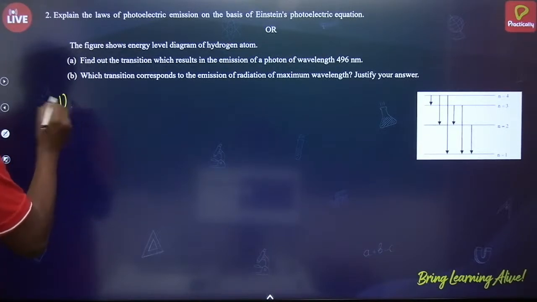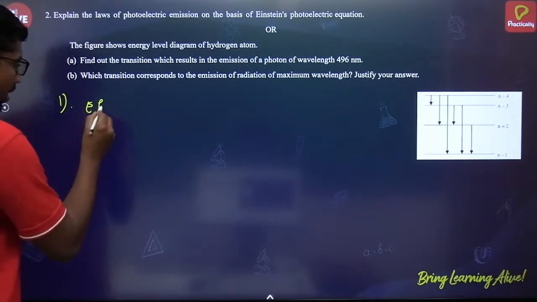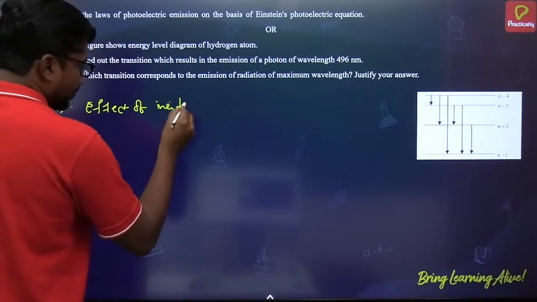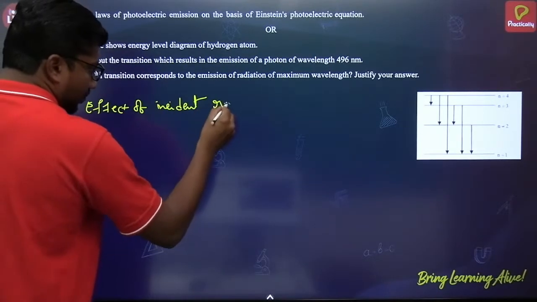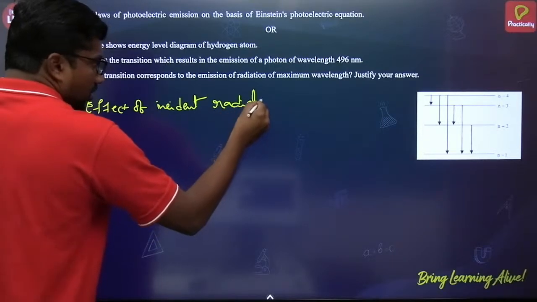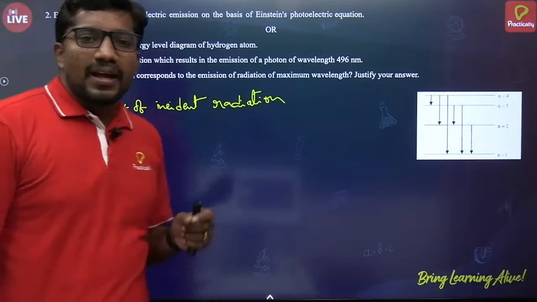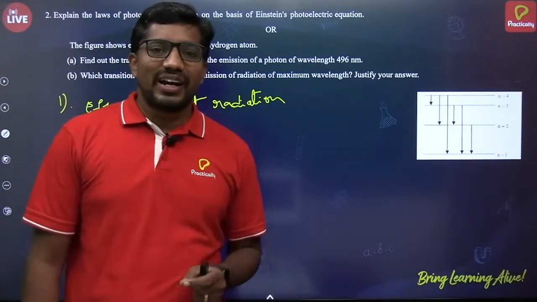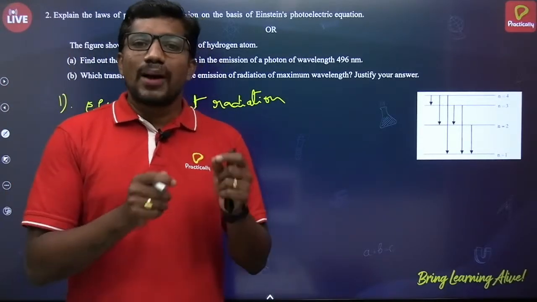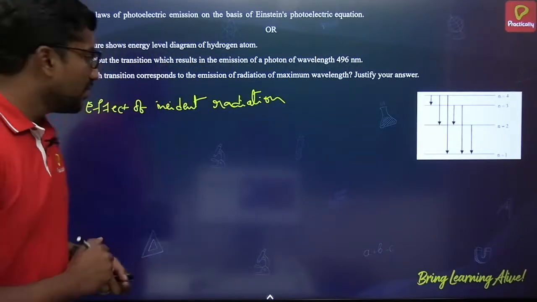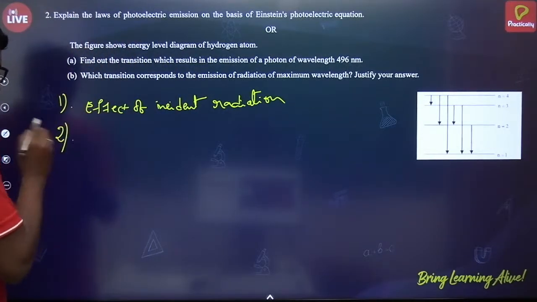First one, effect of incident radiation. Okay, so this says that the photoelectron emission rate will depend on the amount of incident light ray, that is, the incident energy. Okay, second one.